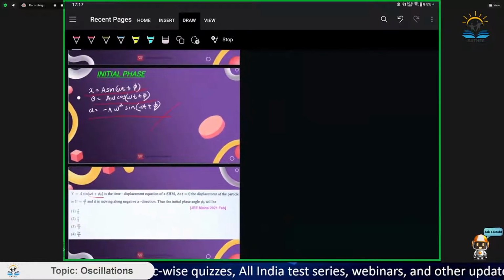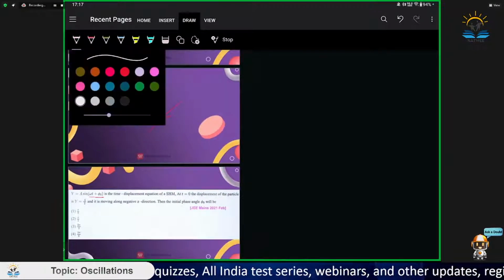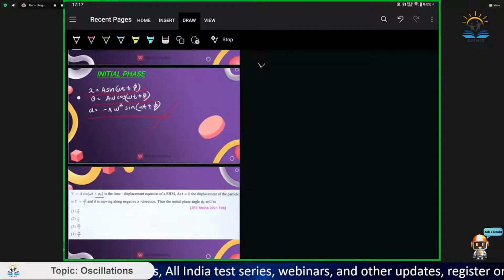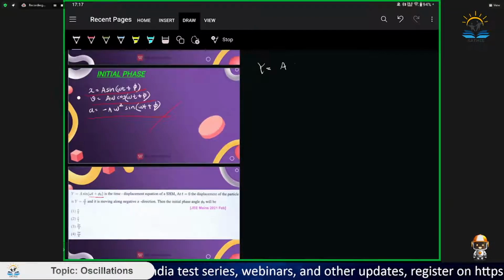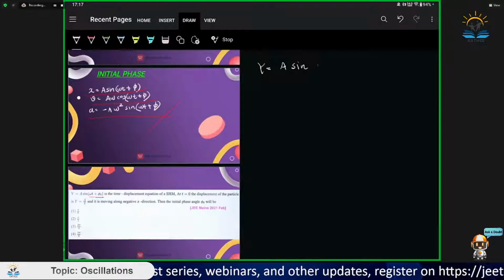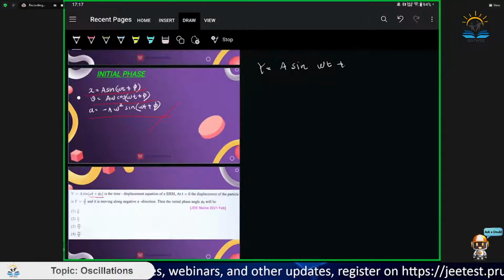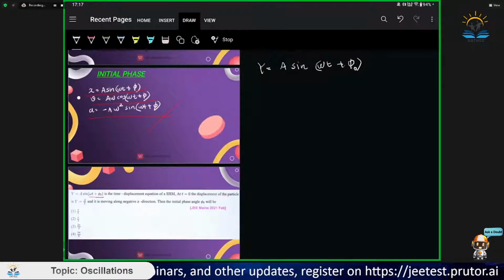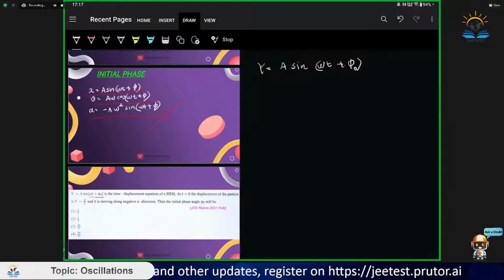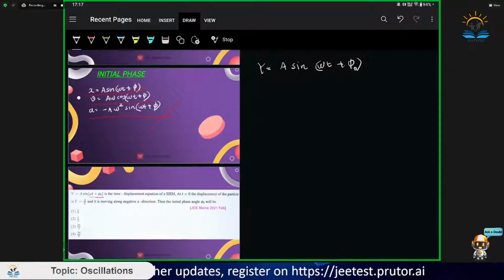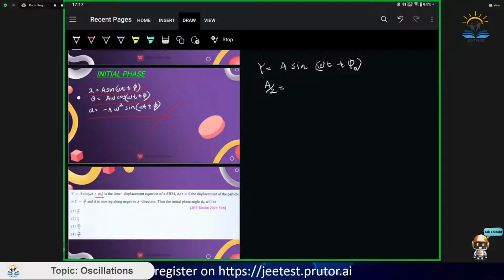So the equation is y equal to A sin(omega t plus phi 0). And it is given at time t equal to 0, the displacement of the particle is A by 2. So A by 2 equal to A sin phi 0.